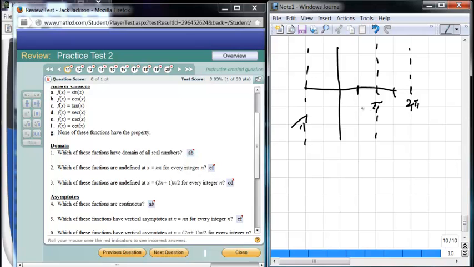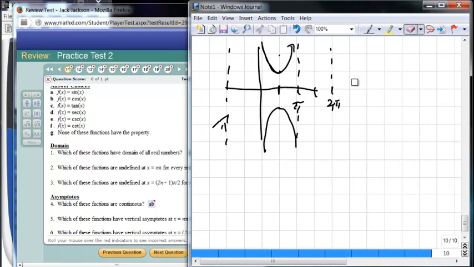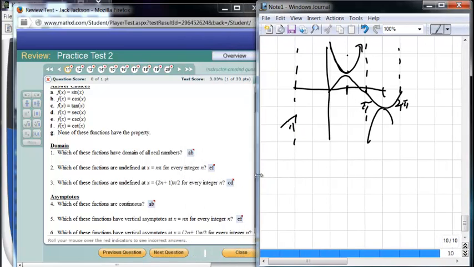Well, there's going to be the one that goes down like this. Oops, not there. Sorry, none of them do that. It's up here. And here, which is cosecant, right?